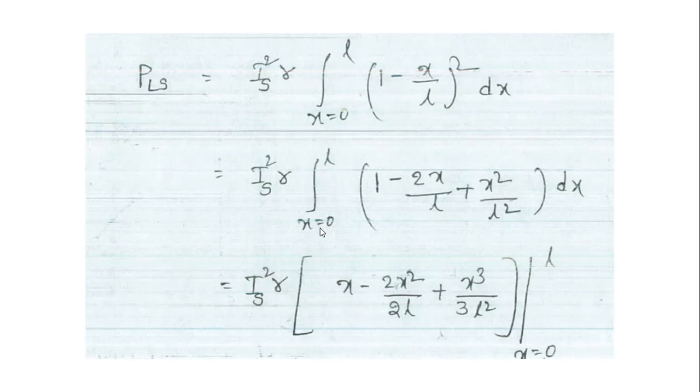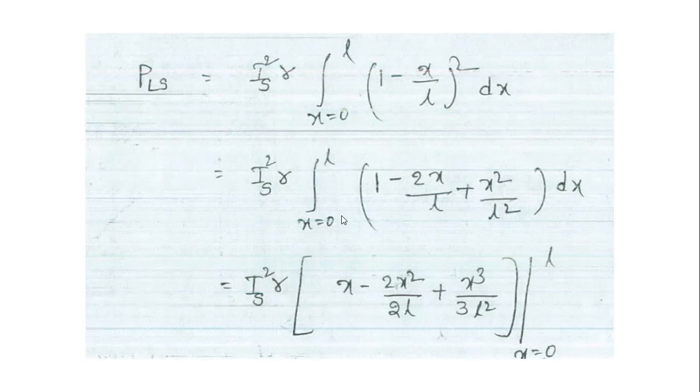Integral x equal to 0 to L. What is the integration for this? That is 1 minus 2x plus x square into dx, that is 1 minus 2x by L plus x square by L square into dx.